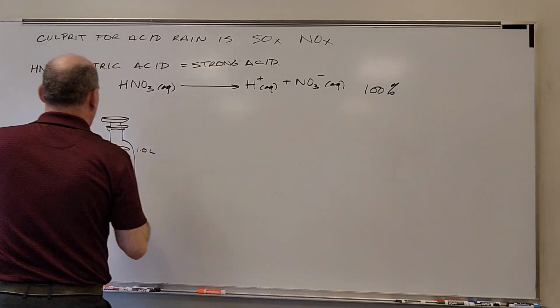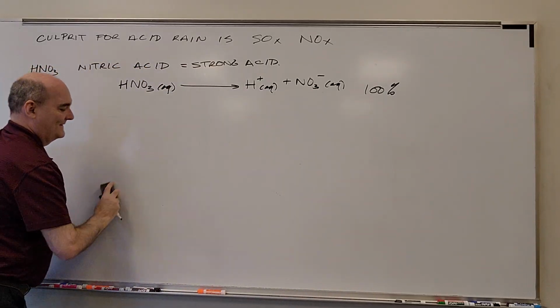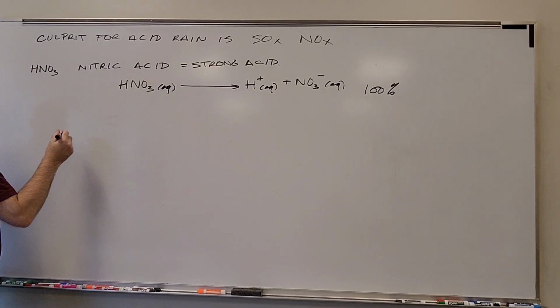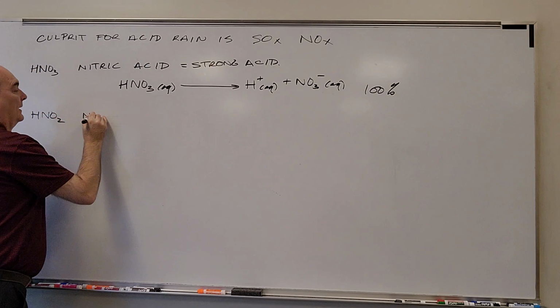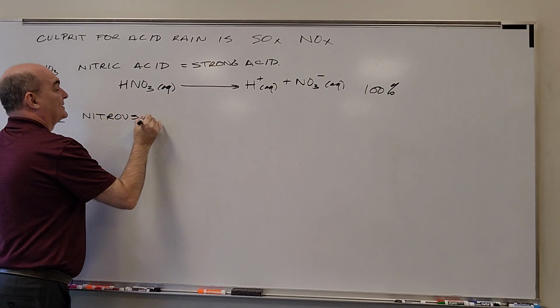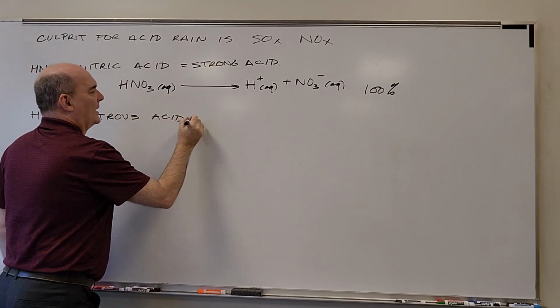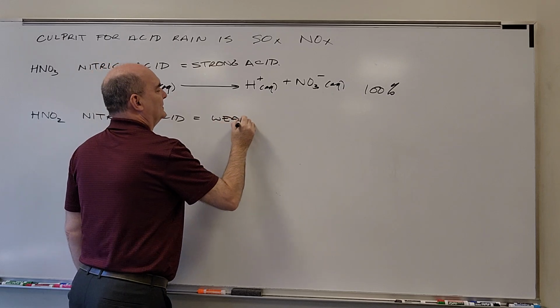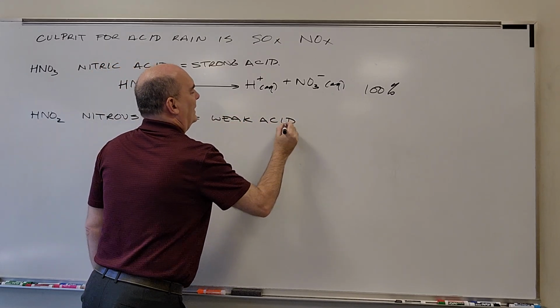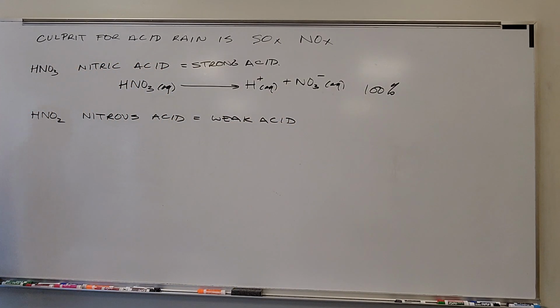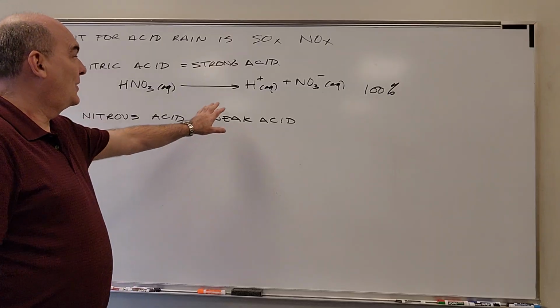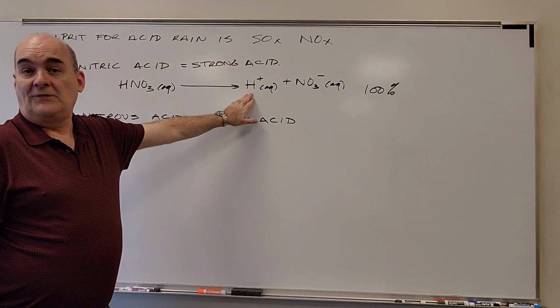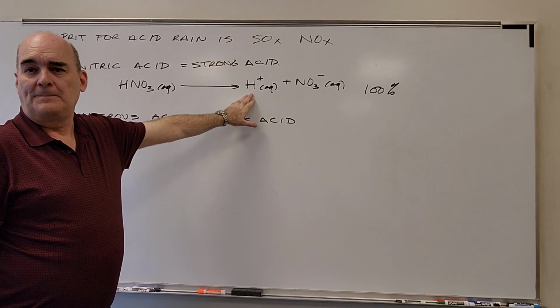If I go down 1 to HNO2, I get nitrous acid. And nitrous acid is a weak acid. All right, so the definition of a strong acid is an acid that dissociates completely, ionizes completely, deposits all of its available H+ into solution.